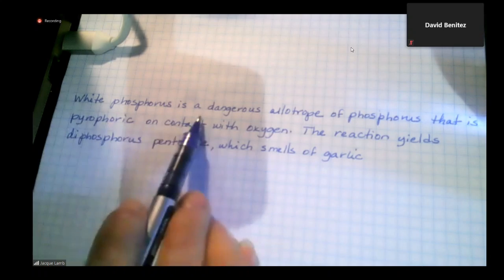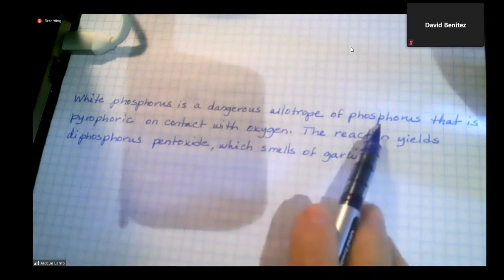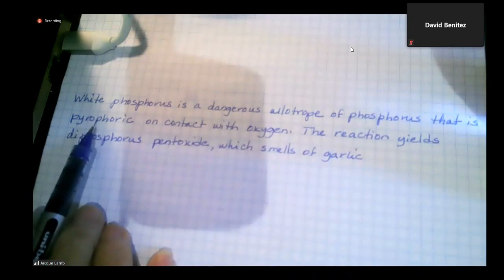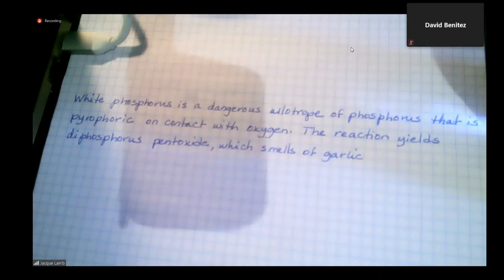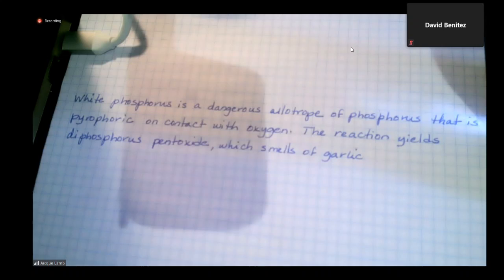So white phosphorus is a dangerous allotrope of phosphorus that is pyrophoric. I bet you all know what pyrophoric is, right? Does that mean like flammable? Highly flammable. As soon as it comes in contact with oxygen, it means that it can self-immolate, if you will. It will light itself on fire as soon as it comes in contact with oxygen.